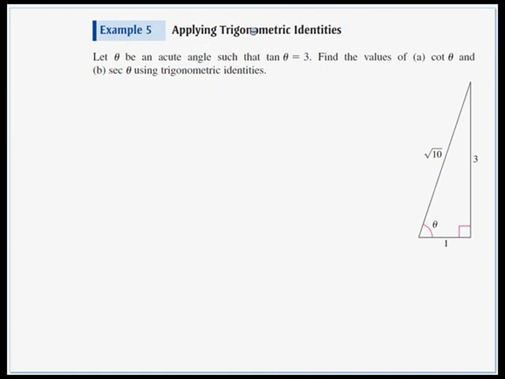In example 5, it says let theta be an acute angle such that the tan of theta is equal to 3. Find the values of cotan and secant using these trig identities. Well, let's see here. They gave us tan of theta is 3. And first, part A, they want us to find cotan of the same angle theta.